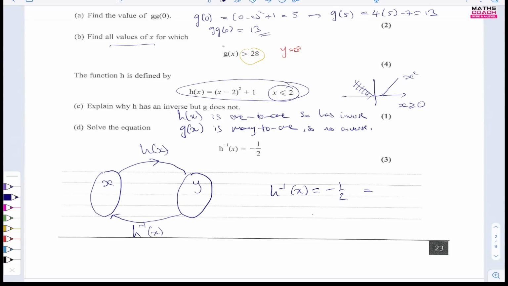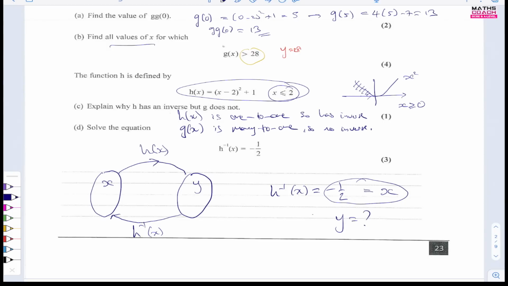So the output given here is the x value. The output of an inverse function is giving you the x value. It takes the y value and changes it back into the x value, and that value is minus a half. So if h inverse of x is minus a half, it's actually giving you the input value of the original function h of x, and what we need to work out is the y value.